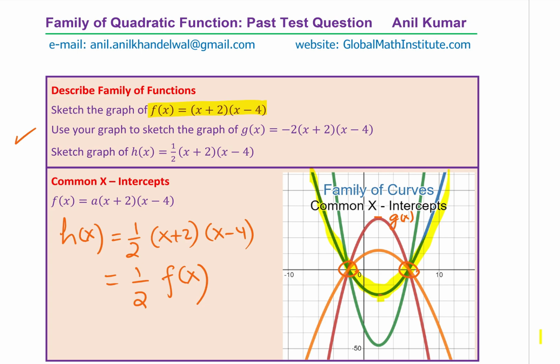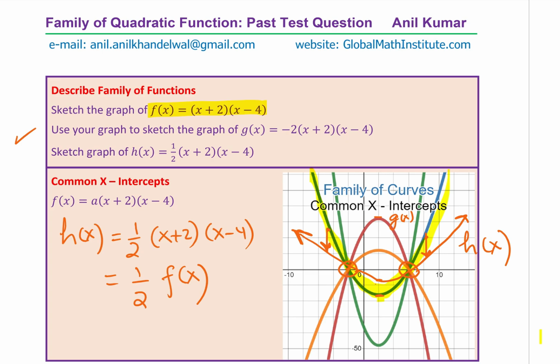So the point which was at minus 9 will go to minus 4.5, and we have a curve which will go through these in a way like this. Do you see this? So the graph which I have now sketched is h of x, where the original graph has been compressed vertically by a factor of half. Is that clear to you?